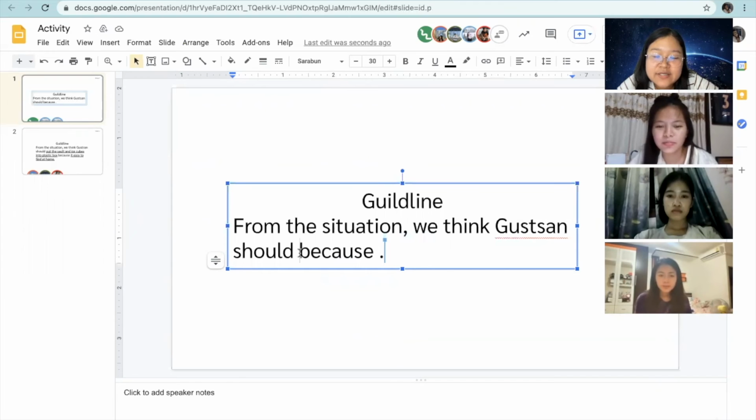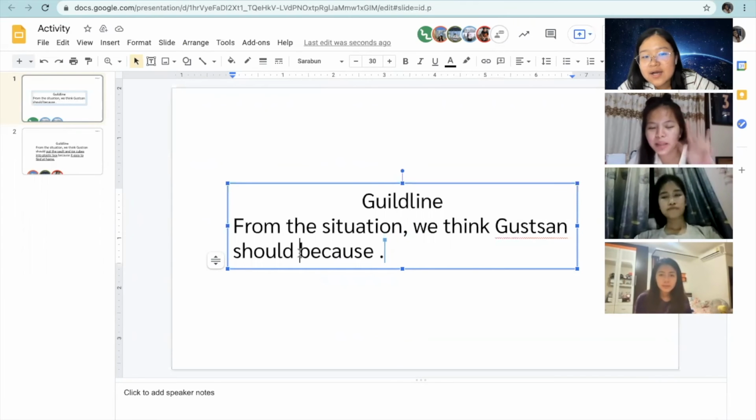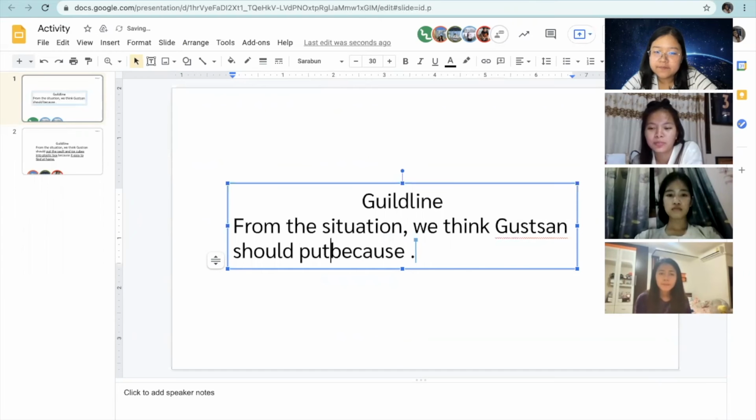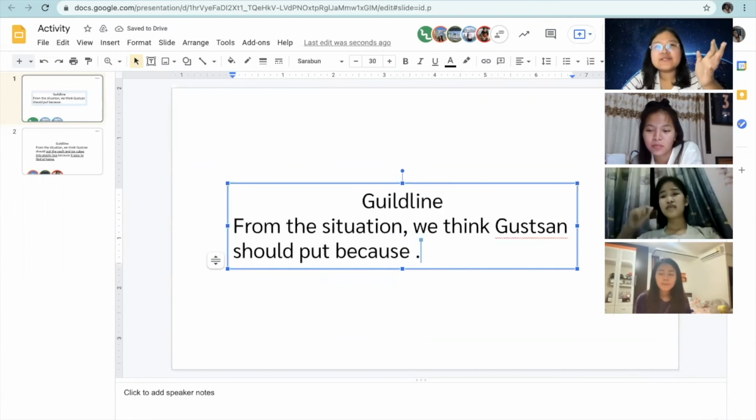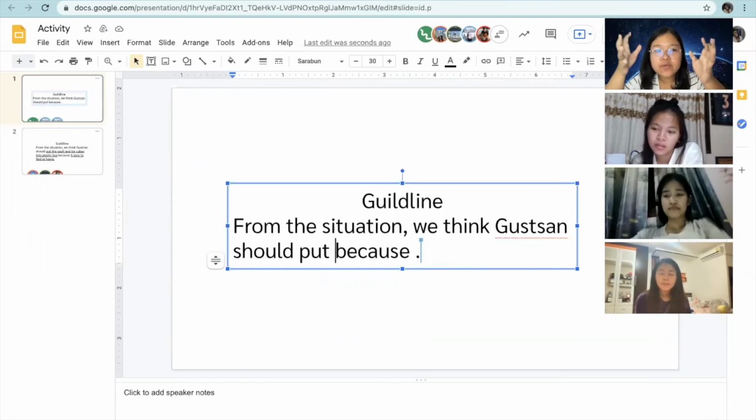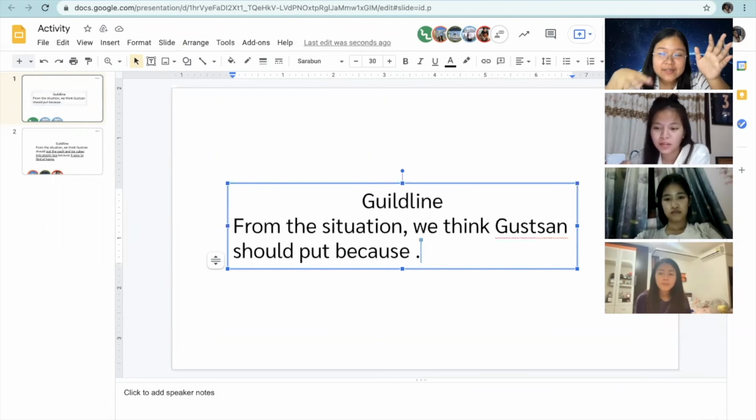Everyone have any ideas? Okay, Tangwa. What is your idea? I think put the salt into the ice cube. Okay, you think so? Yes, because I think the salt will make the freezing point lower and it will make the temperature of the ice cube lower.